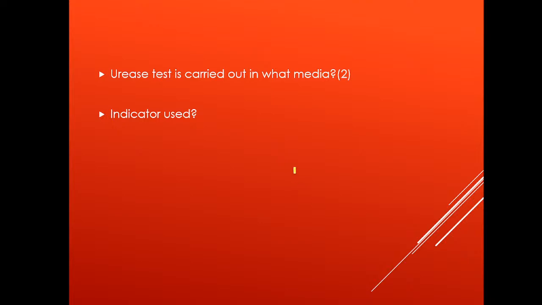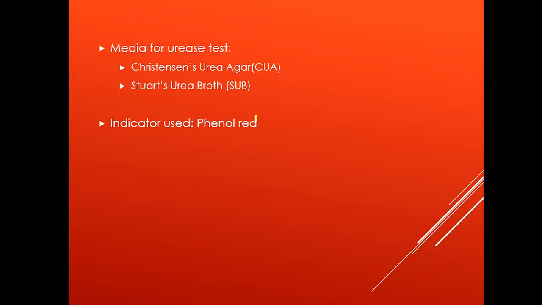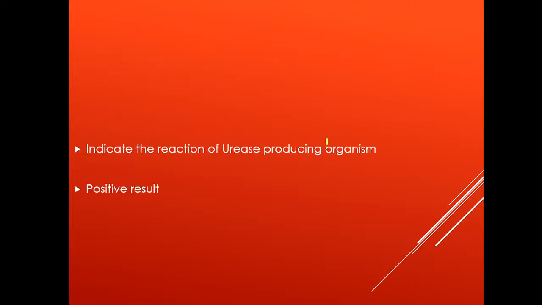The color indicator is still the same for both. It's phenol red. Christensen's urea agar and Stuart's urea broth. So the indicator is phenol red. Next, indicate the reaction of a urease-producing organism.